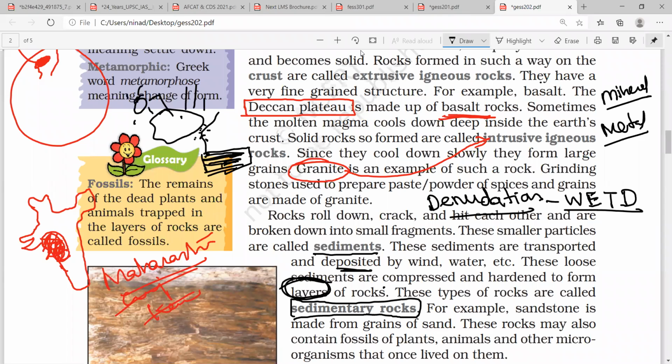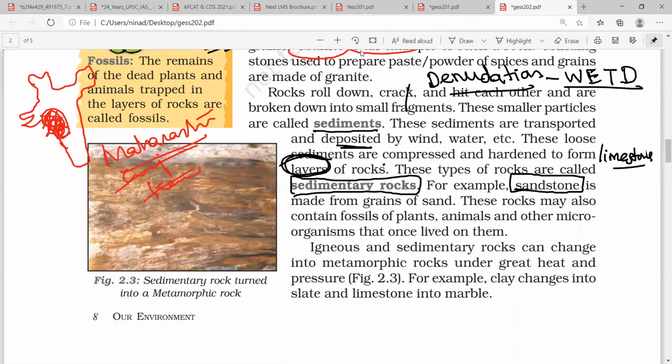Okay. Examples: sandstone, limestone, shale. All these are examples of sedimentary rocks.